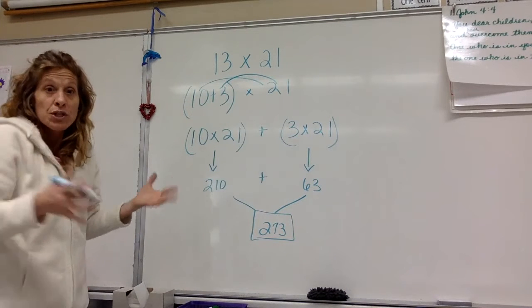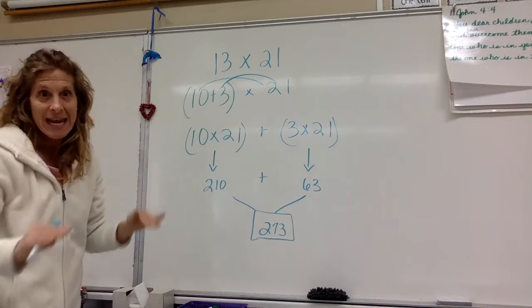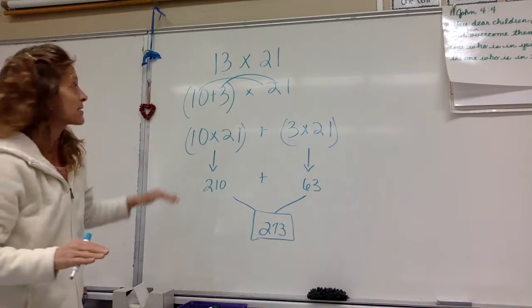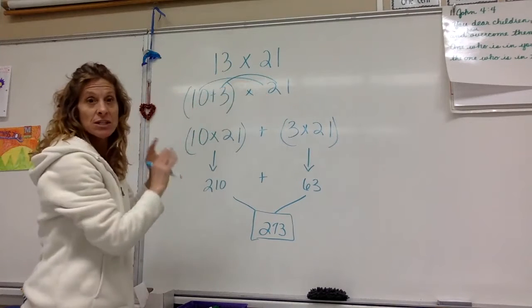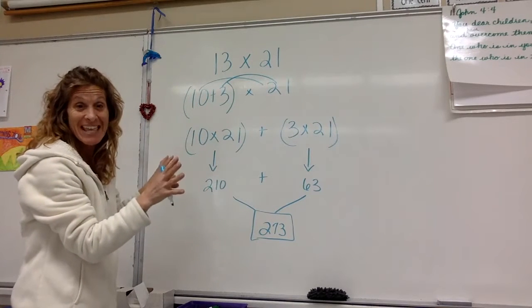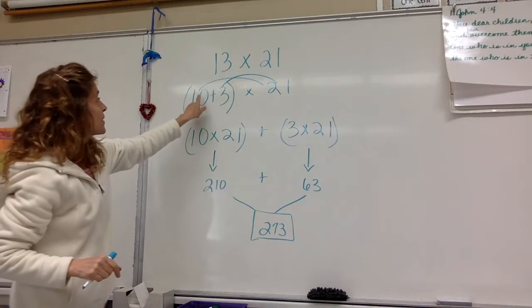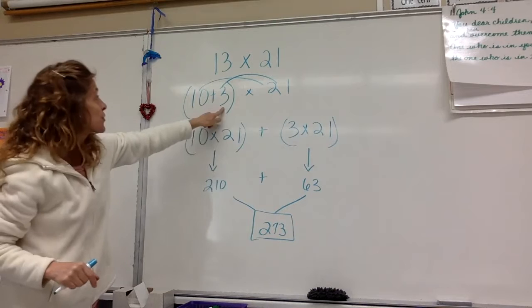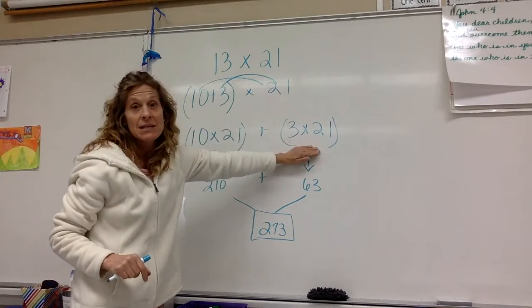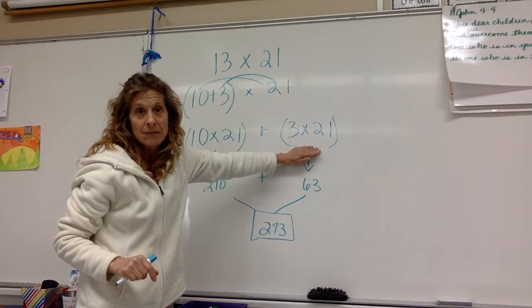So we're doing that, but we're writing it out. Okay, so instead of my little umbrellas, we're actually writing that out. So the 10 times 21 is right here. The 3 times 21 is right here. Okay?